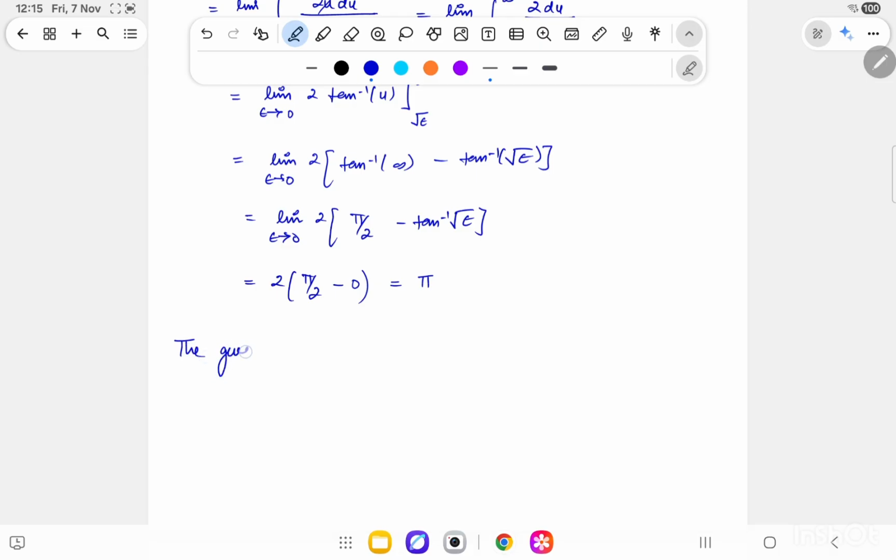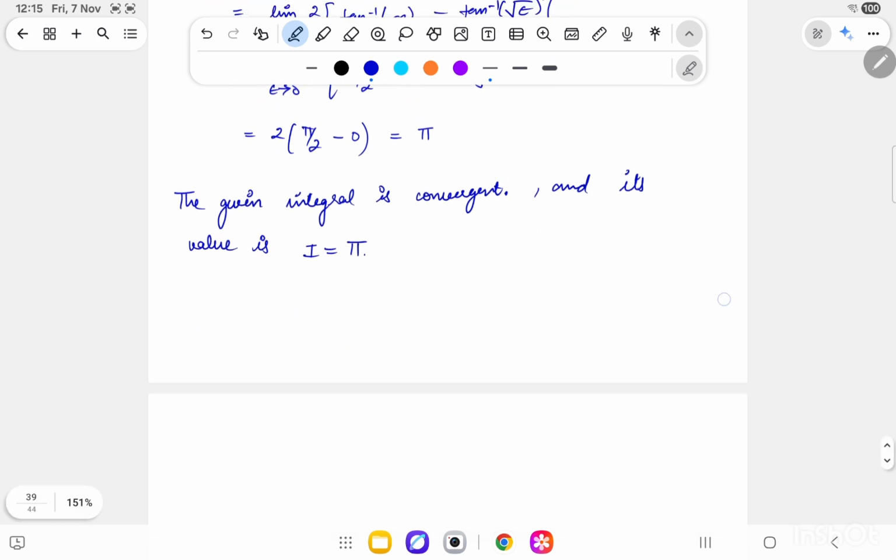The given integral is convergent, and its value is I equals pi. So this completes our question.